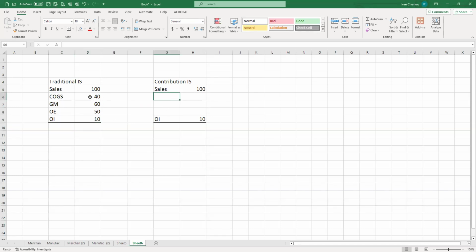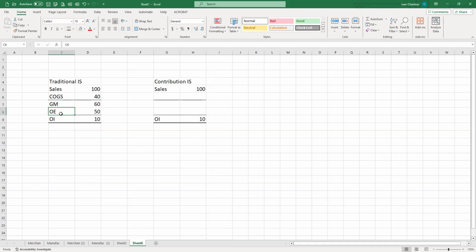On the other side, what we're going to do now, we're going to get the cost of goods sold and operating expenses. We're going to look at those two costs very closely, and we're going to divide them based on how the costs behave. Our options are only two.